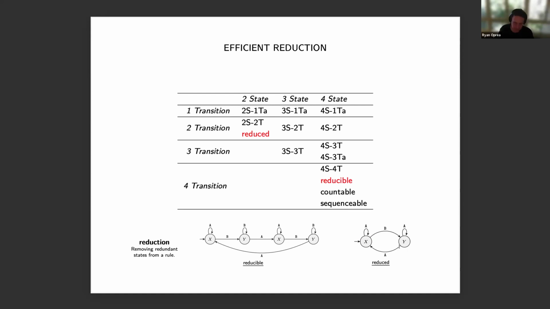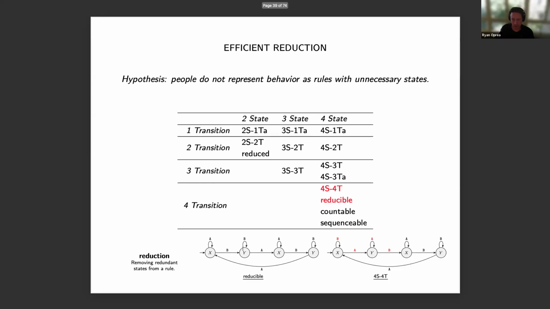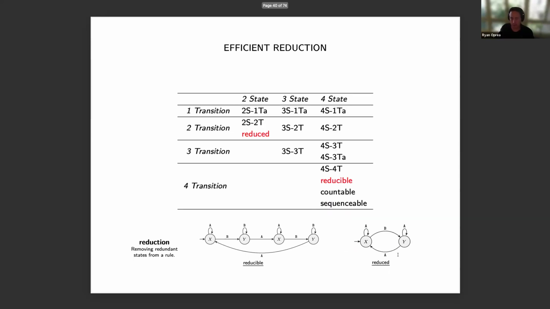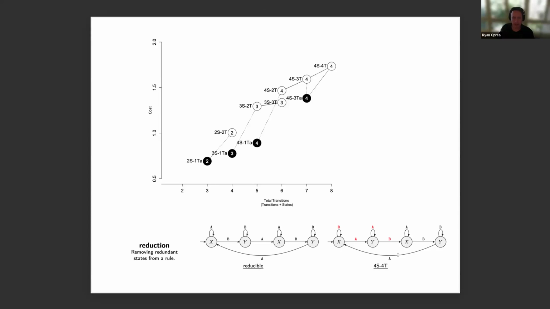And so if people efficiently reduce rules in this way, they should treat this rule reducible as if it is much simpler than this rule 4S4T. This is the rule reducible, the rule that on the surface looks identical. This is the rule that it's actually equivalent to if the subject were to reduce it.